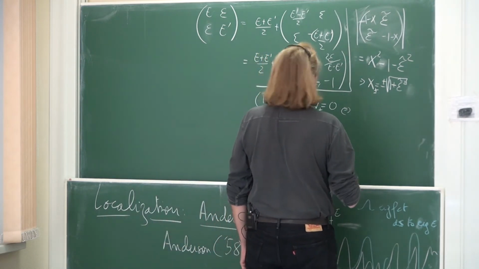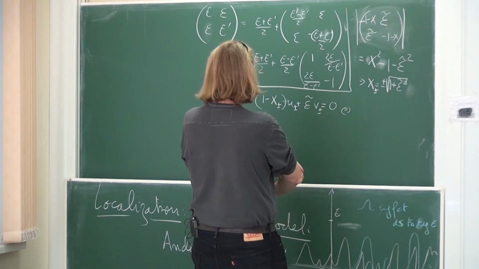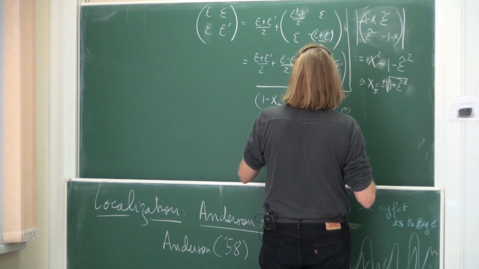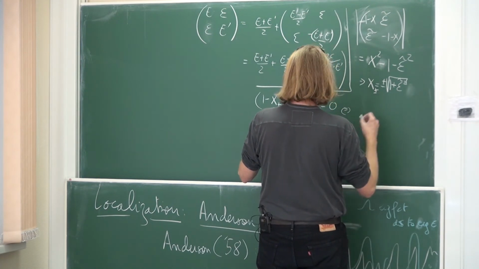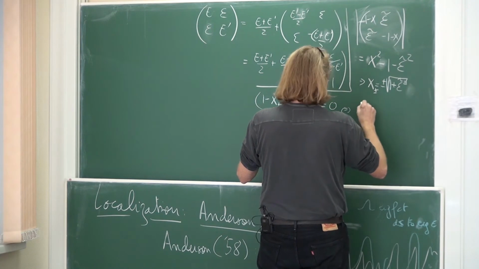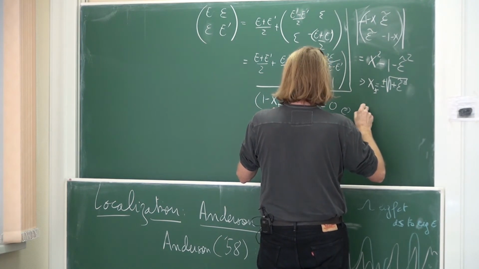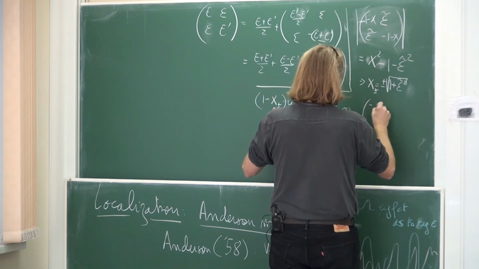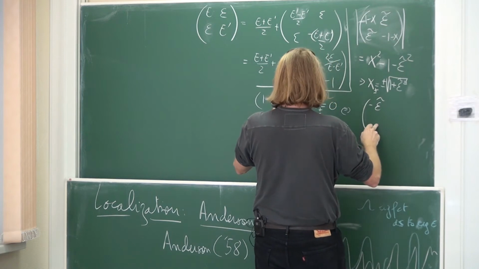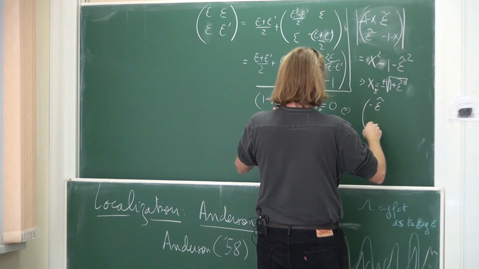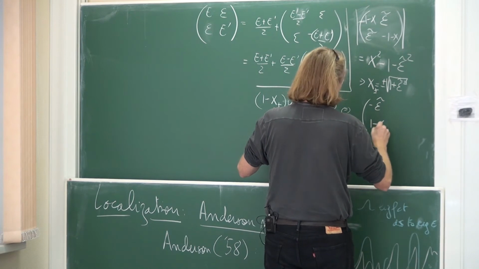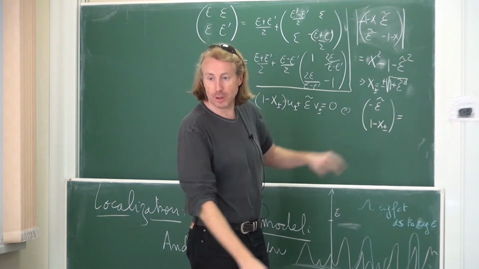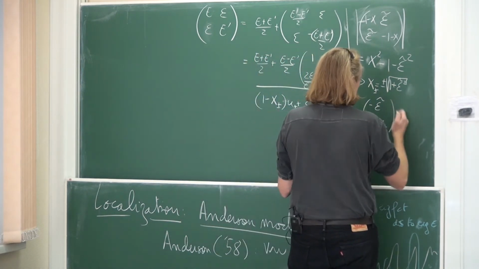I'm going to get minus epsilon tilde, and here 1 minus x plus minus. I take them non-normalized, just to look at the shape.